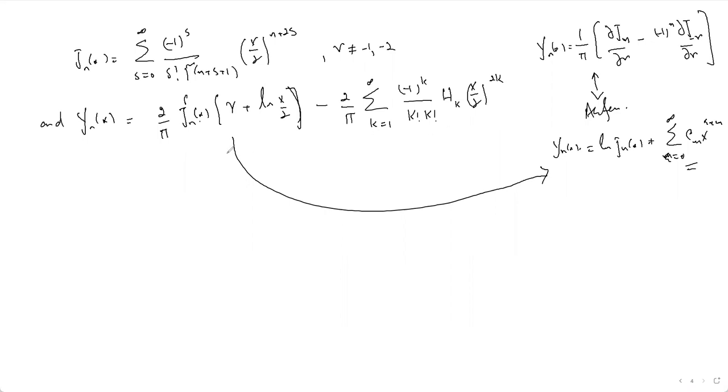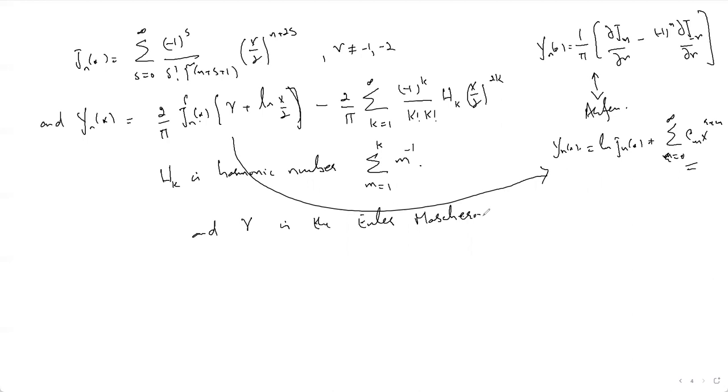This Hk here is the harmonic number. This harmonic number is always given by the summation, m running from 1 to k, of 1 by m, or I can say m raised to power minus 1. And this gamma here, this gamma factor, is the Euler-Mascheroni constant, as we call it. And what is this gamma equal to?